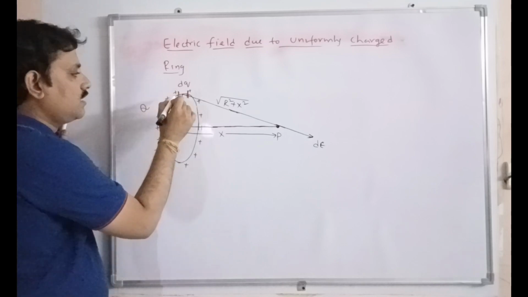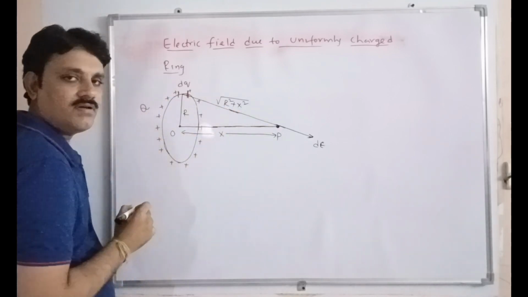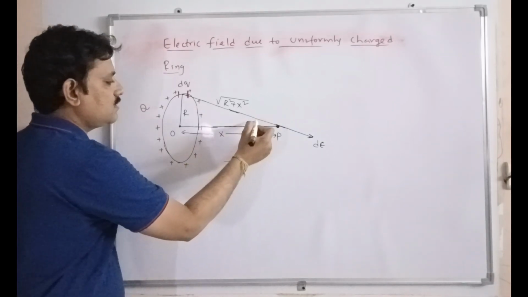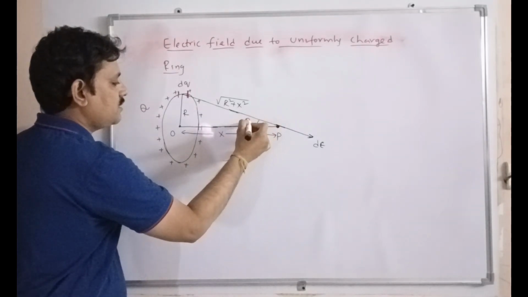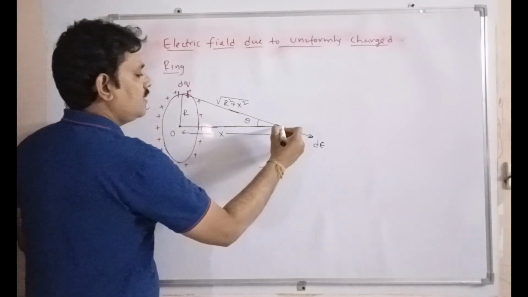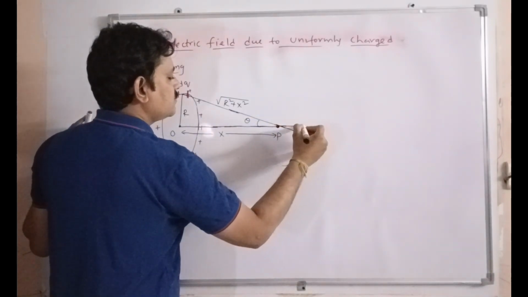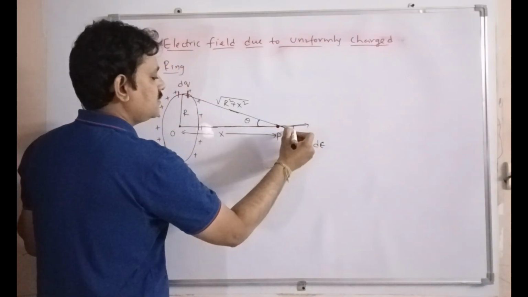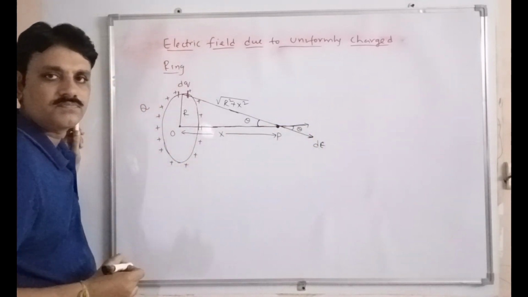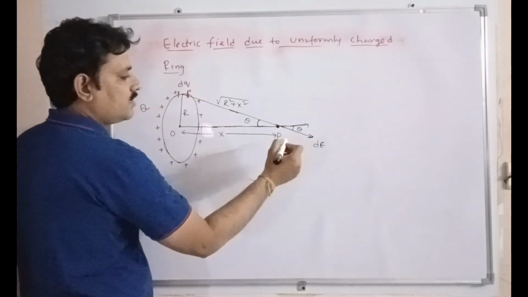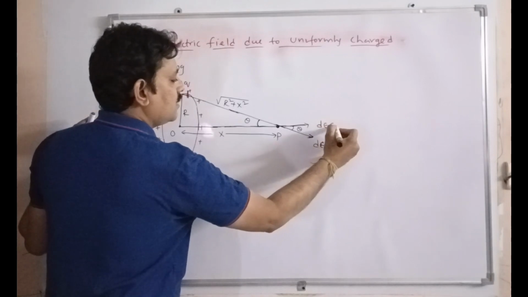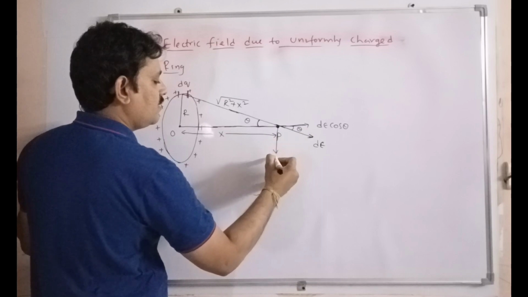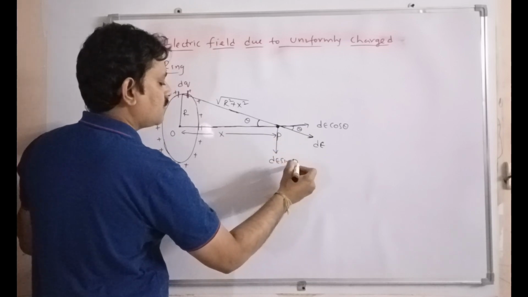The small charge dq produces electric field dE at point P. Let us suppose the angle here is theta, and this is also equal to theta. So dE is divided into two components, dE cos theta and dE sin theta.